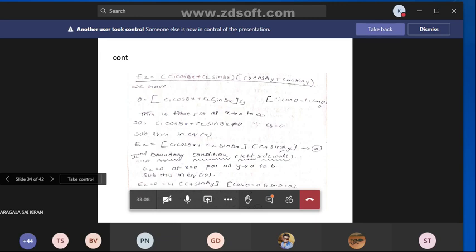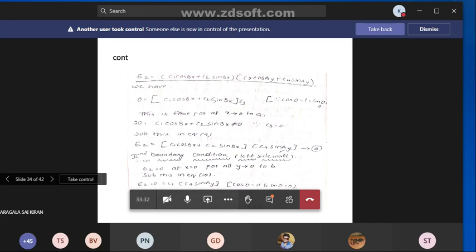Here, if we substitute y equal to 0, sin becomes 0. So we will get Ez equal to 0, (C1 cos bx plus C2 sin bx) into C3, right? So here C3 into 1 plus 0, that becomes C3.